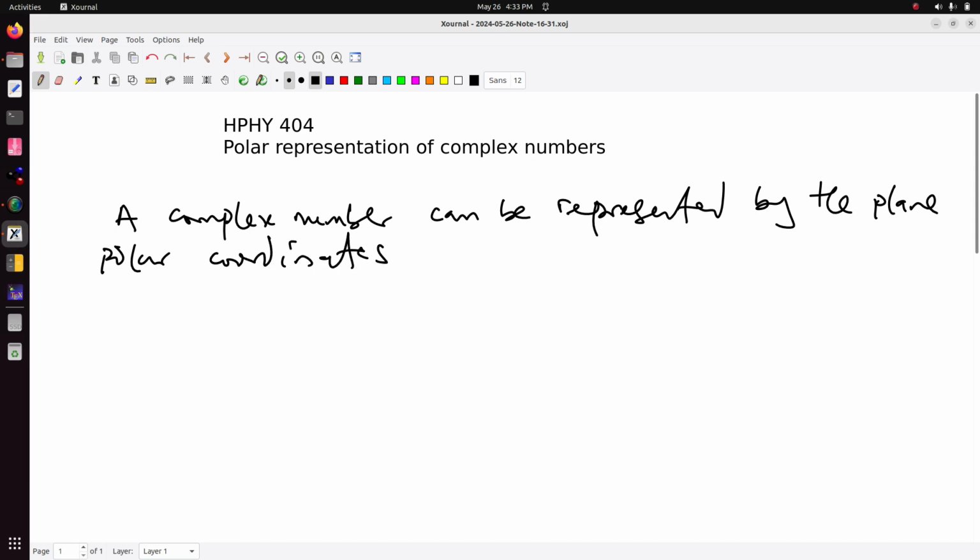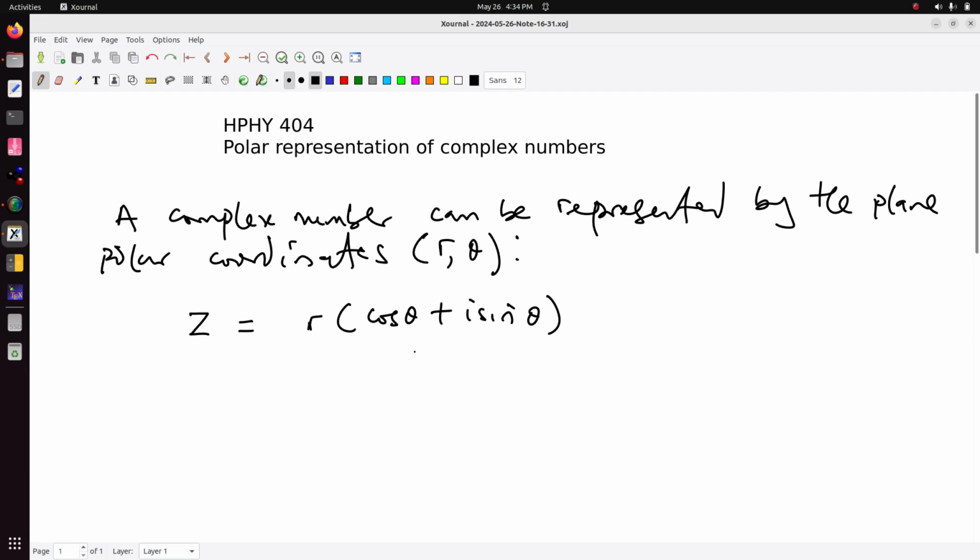The plane polar coordinates are r and theta. So we can represent a complex number z as r into bracket cos theta plus i sine theta.